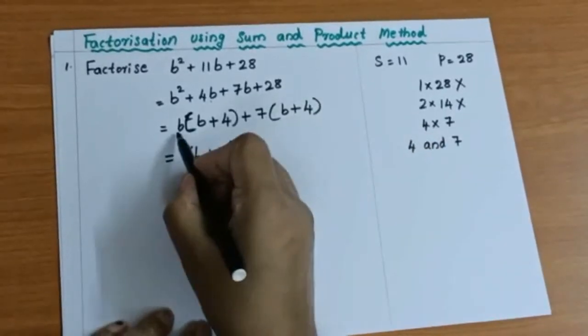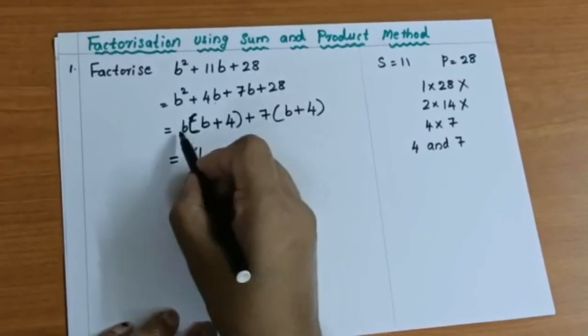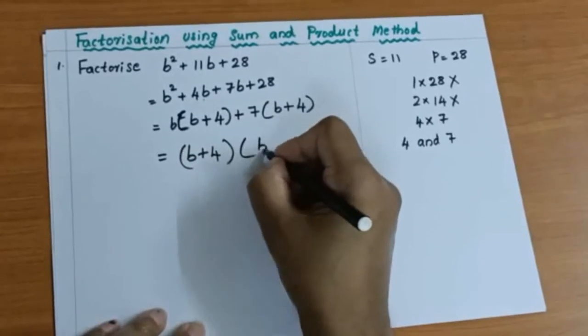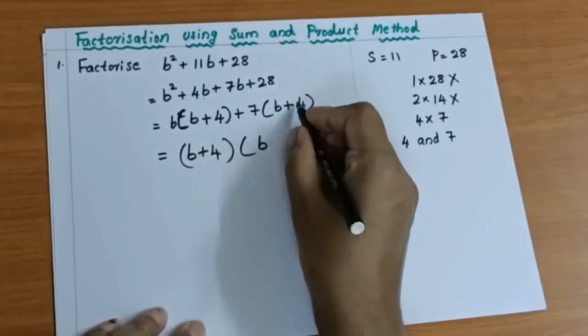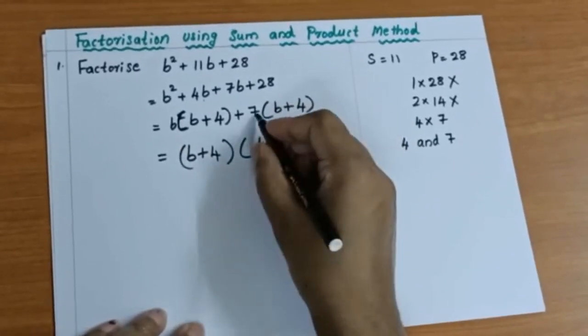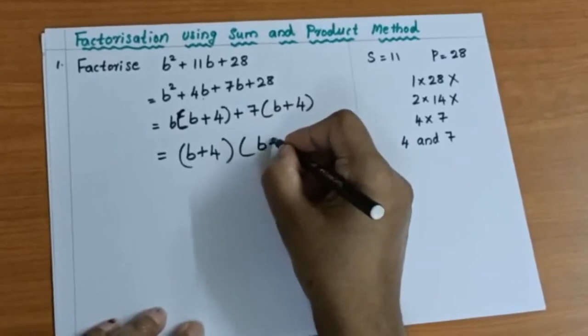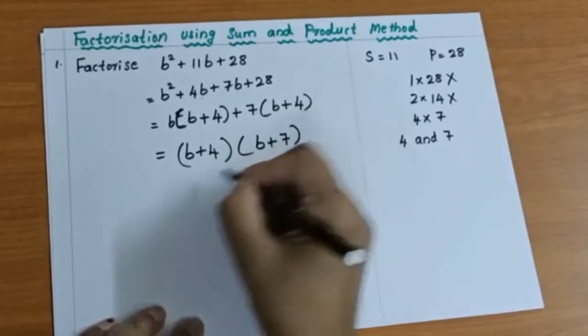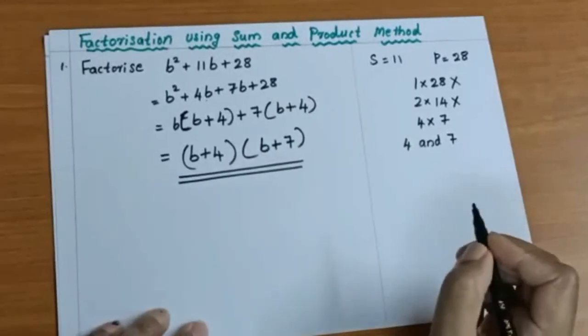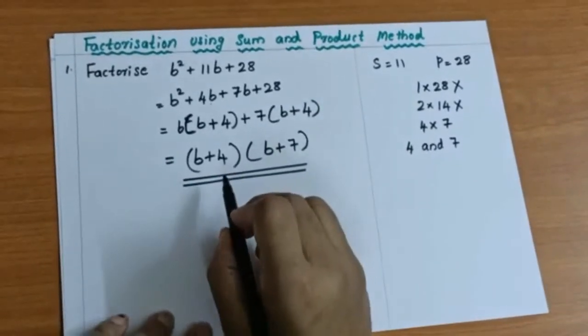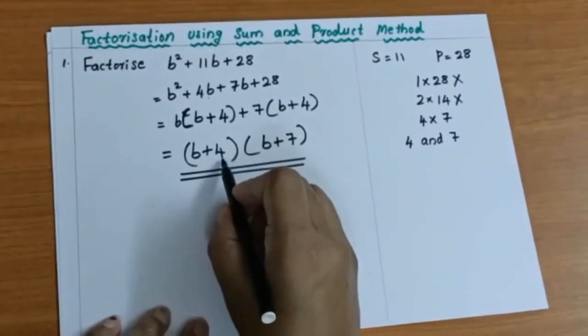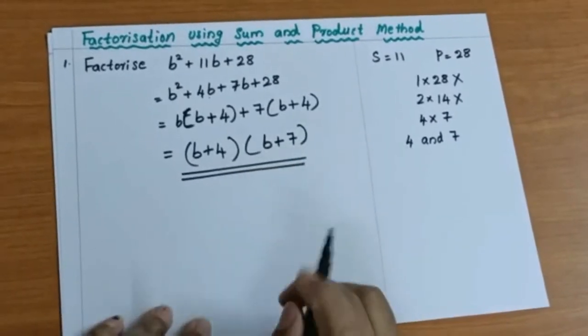Inside you will get, when we are taking b plus 4 from here, b is balance. So, b, and when we are taking b plus 4 outside, 7 is balance in the second term. So, 7. So, this is the answer of factorization, that is b plus 4 into b plus 7.